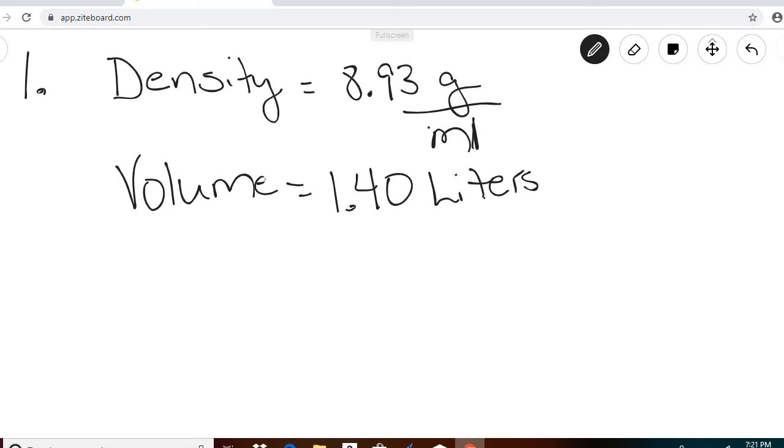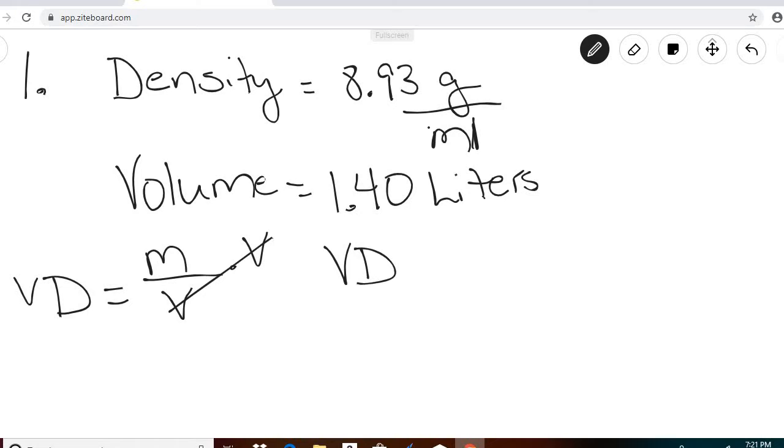Okay, so we know the formula for density is equal to mass divided by volume. So to solve for mass, we'll multiply both sides by V. So then volume times density is going to give us the mass. The other thing that you should notice here is that density is in milliliters and volume is in liters.